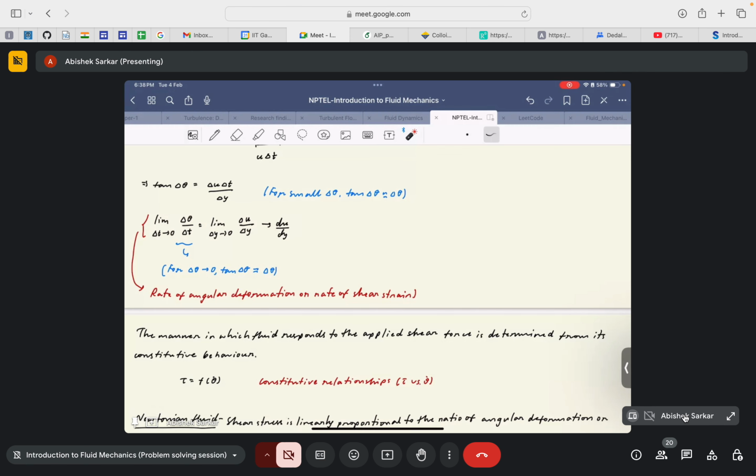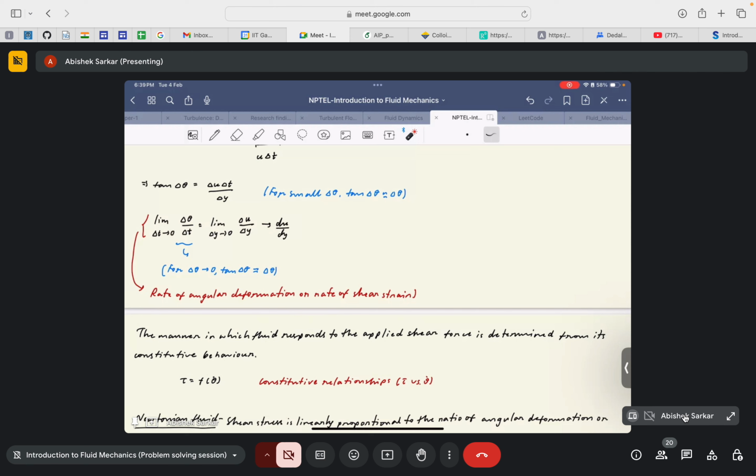Now, given that we have an overview of how the strain rate varies in fluid flows, it's only a particular case that we are discussing. Again, there's a generalized expression for this strain rate, also known as the rate of angular deformation or rate of shear strain, which we will not be covering right now.